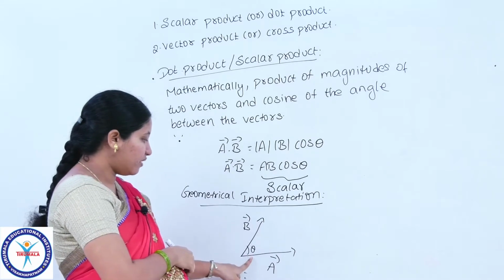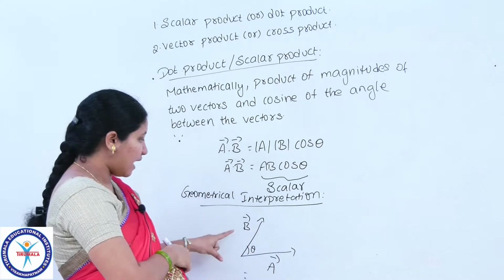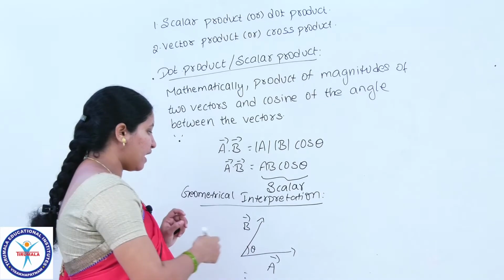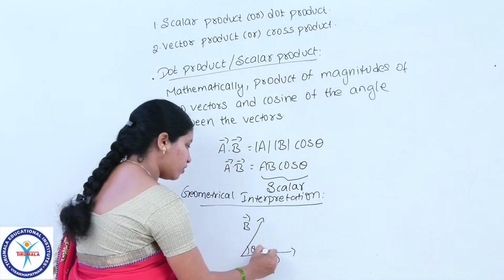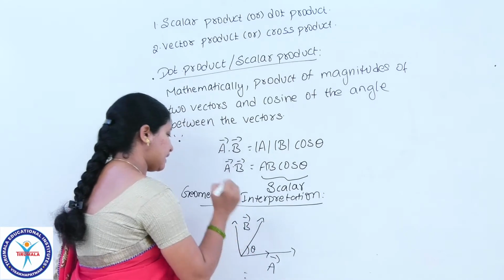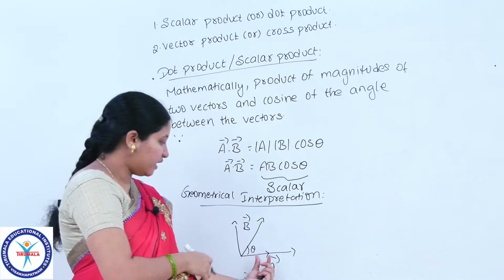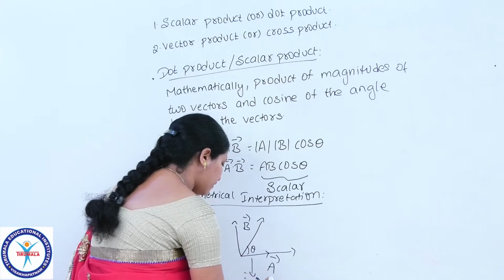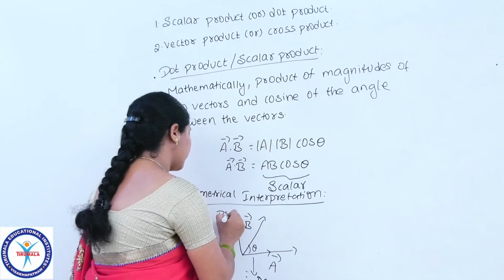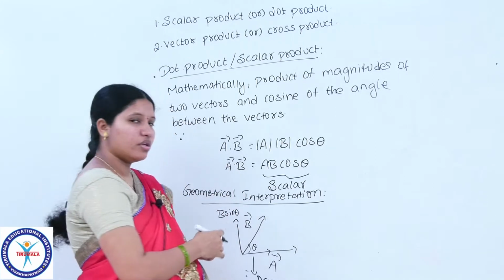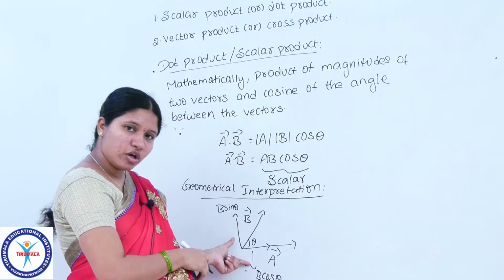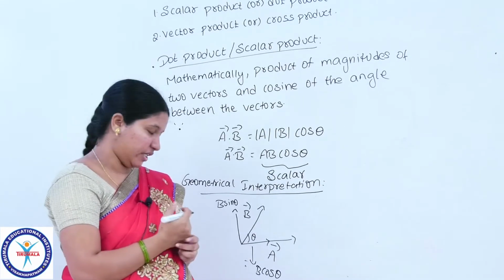As b bar is inclined at an angle theta, we can resolve b bar into 2 components: horizontal component b cos theta and vertical component b sin theta. These are the 2 rectangular components that a vector can be split into.